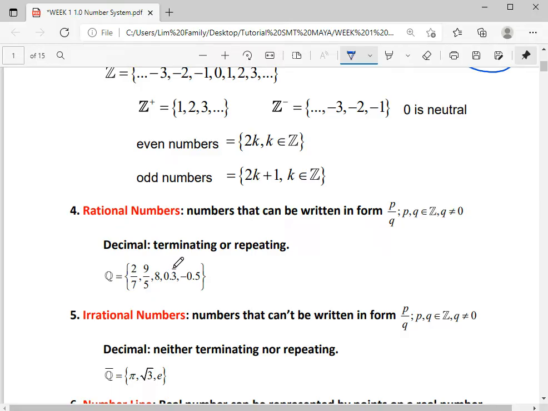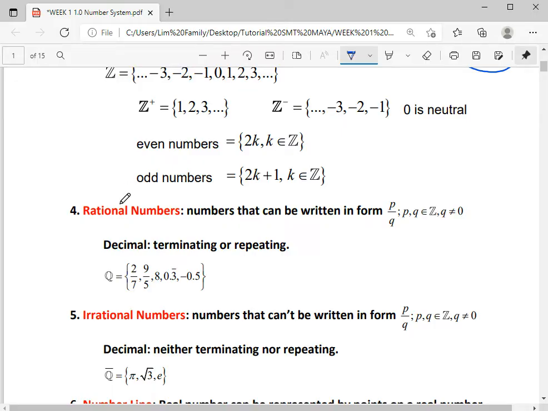The repeating numbers here will have a bar there. So for these two types of decimal number, they are under rational numbers. For terminating decimals, they can be converted to fractions. Rational numbers not only involve decimal numbers, but also fractions. Those fractions that give you a terminating decimal or repeating decimal will be in rational numbers.